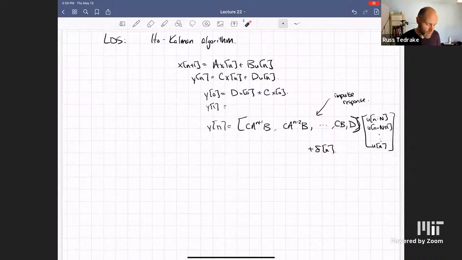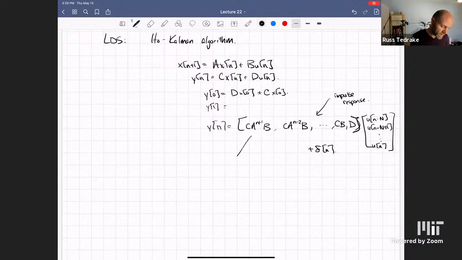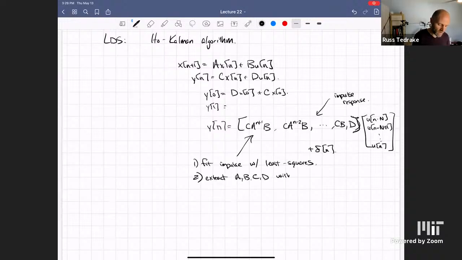Okay, so the basic approach to the state space realizations is you fit the impulse response with least squares, and then you extract A, B, C, and D with a singular value decomposition.